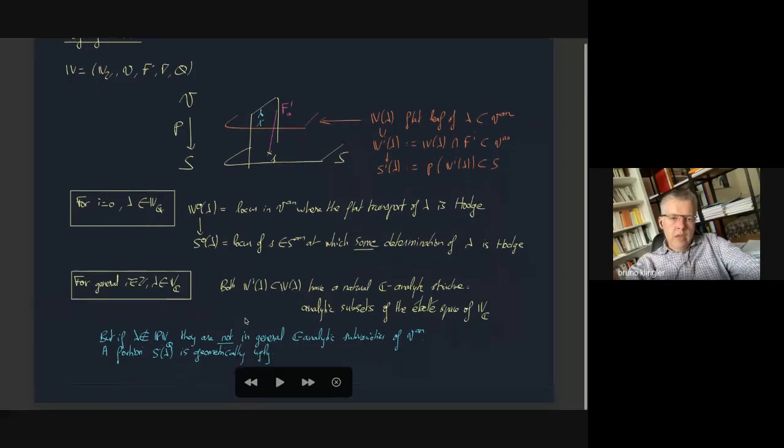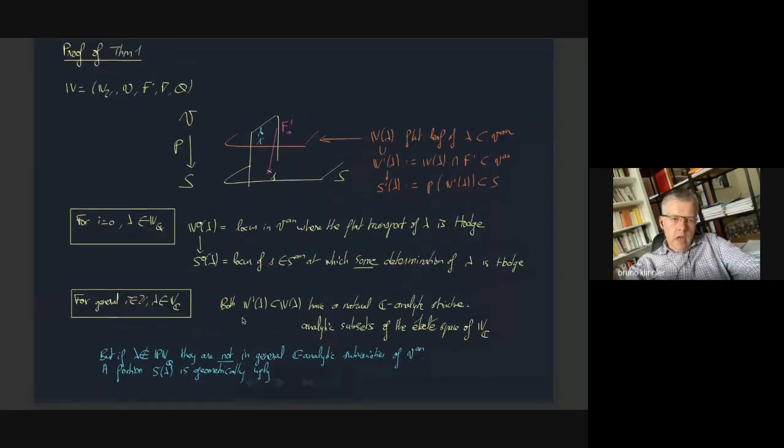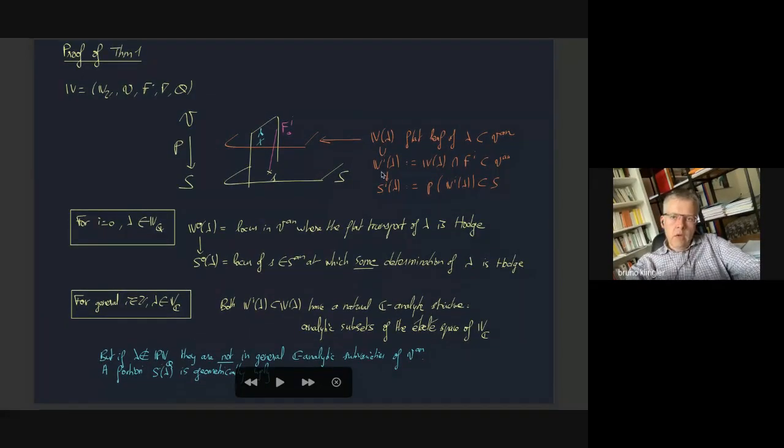The remark is that, in general, if you do not start with a rational class, then V(lambda) and V_i(lambda) are much more disgusting objects, in the sense that, if you think of them as subspaces in the étalé space of your flat bundle, then this gives them a natural complex analytic structure. They are just analytic subsets of the étalé space. But certainly inside V, they are not complex analytic subsets.